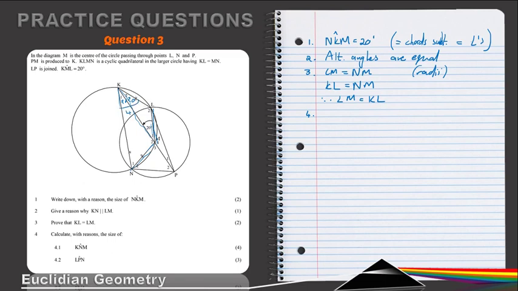Now if we look at this cyclic quadrilateral, we know the opposite angles of cyclic quad add up to 180. So then we can find this angle, which is supplementary to that one. And then we know that this one plus this one will be co-interior. So the first thing I'm going to say is that LKM will be equal to 20, where equal chords subtend equal angles.